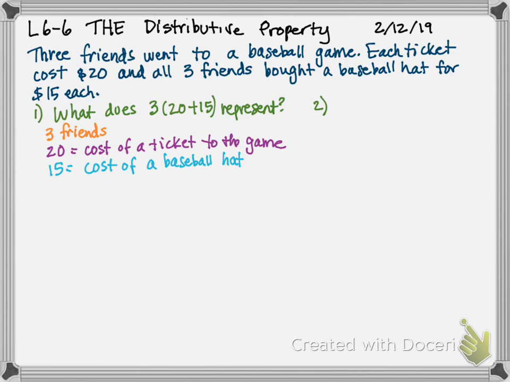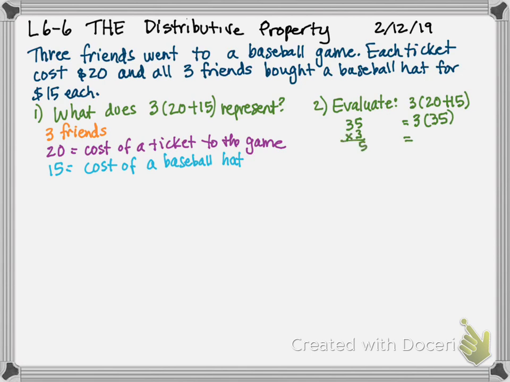Okay, so question 2 would be to evaluate that. So we're going to evaluate 3 times the quantity 20 plus 15. According to order of operations, we take care of what's in the grouping symbol first, and we get 20 plus 15 is 35. So we have 3 times 35, and then we just multiply 35 times 3.